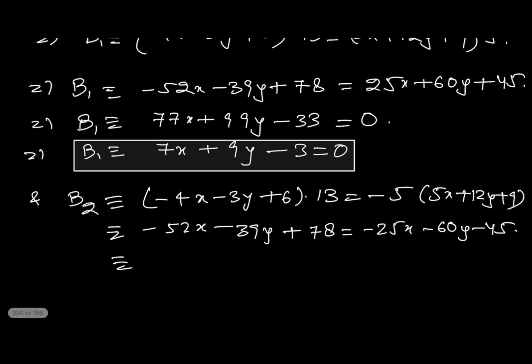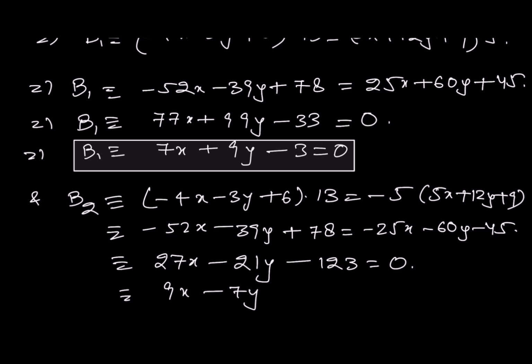So this will be 27x minus 21y minus 123 is equal to 0, or 9x minus 7y minus 41 is equal to 0.